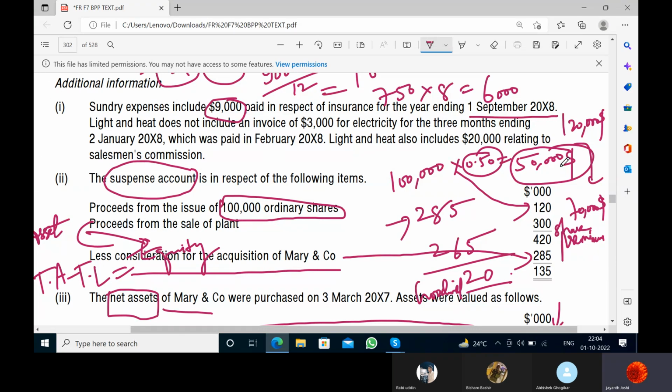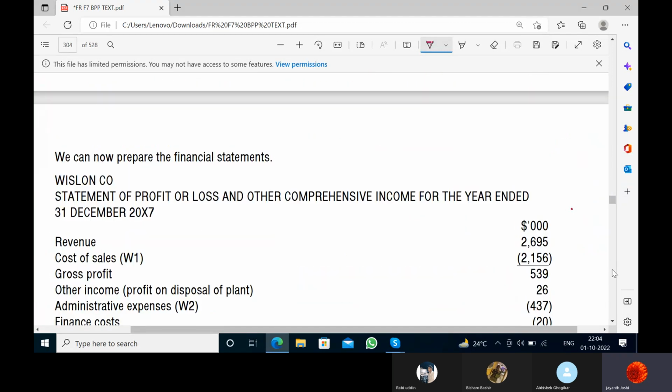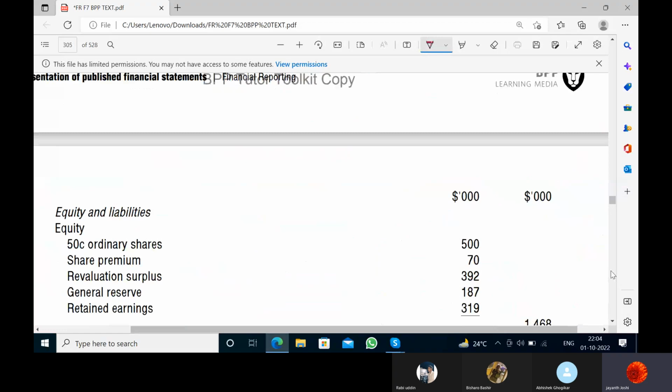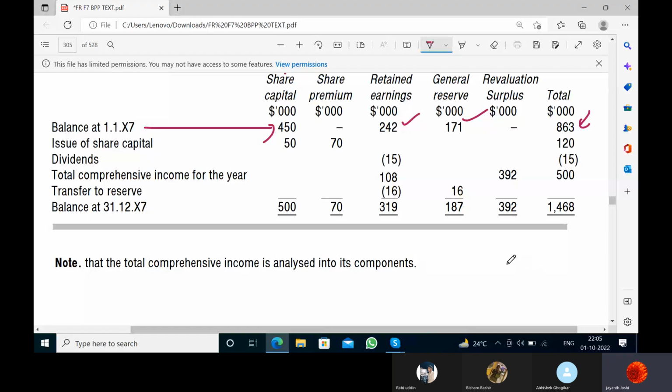So for 50,000 you got 120,000, and 70,000 is the premium. We will write that premium here. That means you issued additional shares at 50 cents each, which should be $50,000, but you got $70,000 more. So $50,000 in share capital, $70,000 in share premium, and both add up to 120. And you can see 450 plus 50 is 500, shown here.